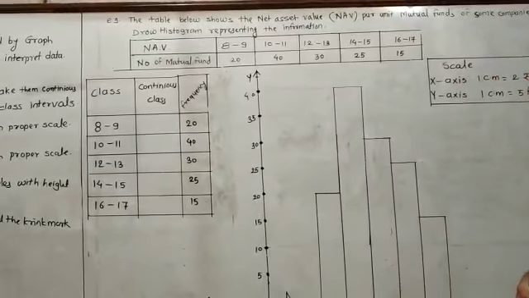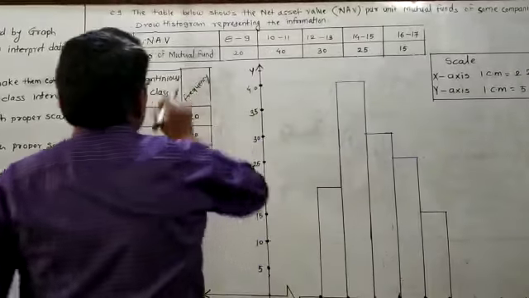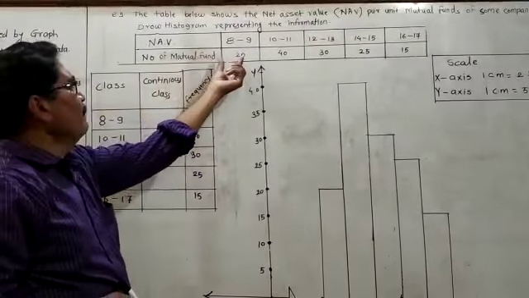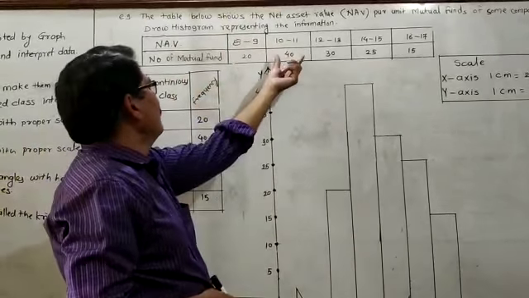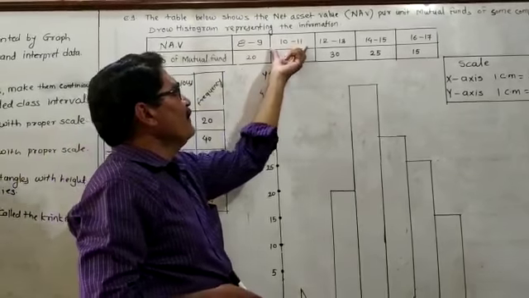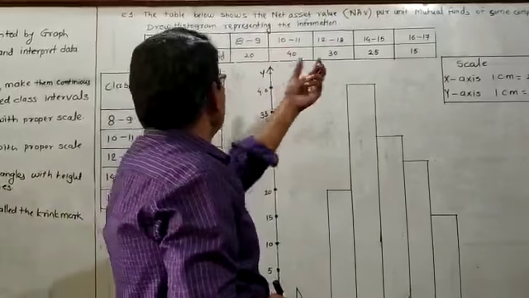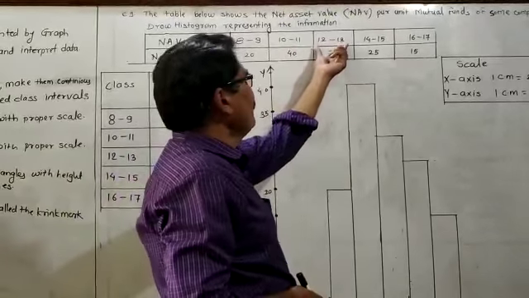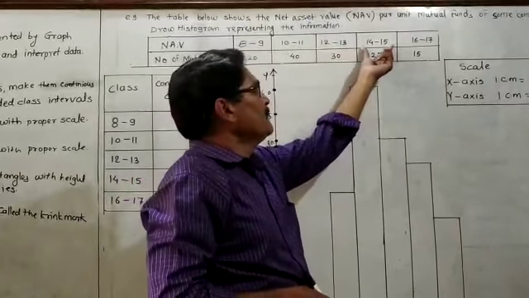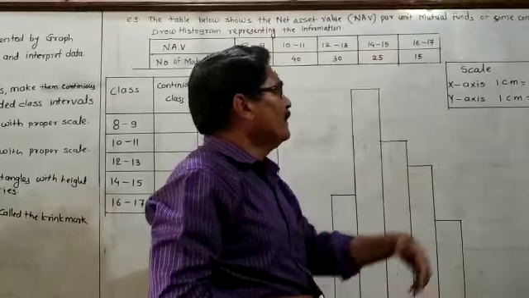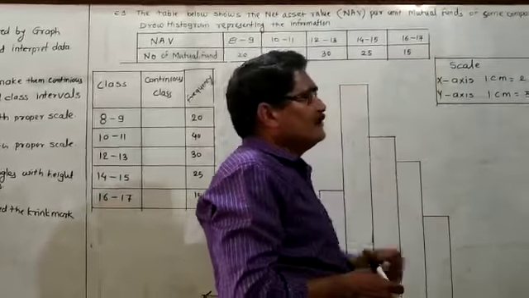Draw the histogram representing the information, the net asset value and the number of mutual funds. 20 mutual funds have the net asset value between 8 to 9. 40 mutual funds have the net asset value between 10 to 12 rupees, and 30 funds have the net asset value between 12 to 13. 25 have the net asset value between 14 to 15, and 15 mutual funds have the net asset value between 16 to 17.